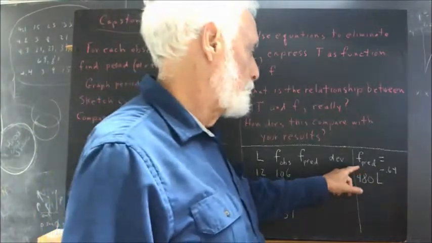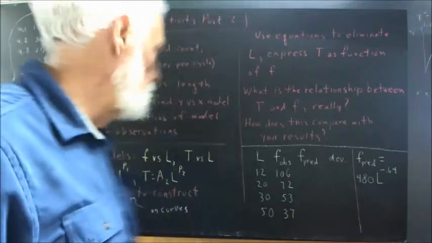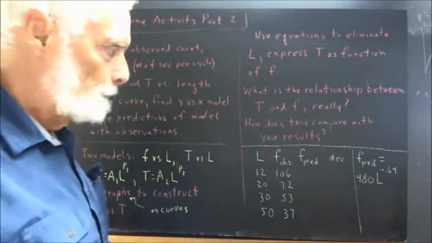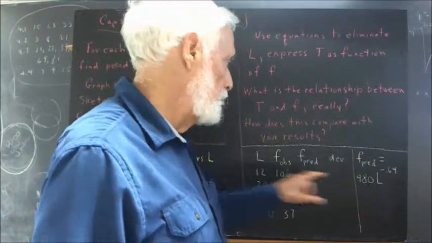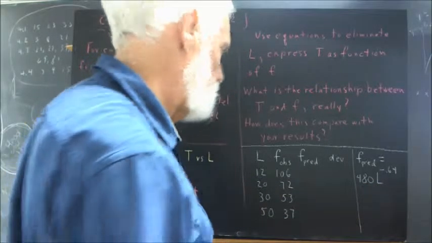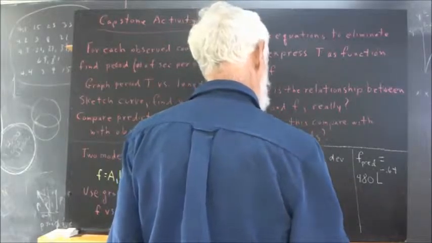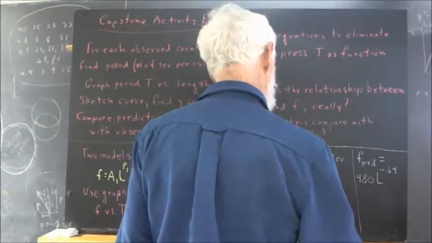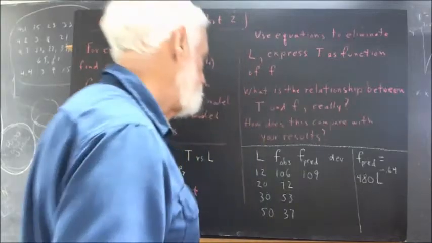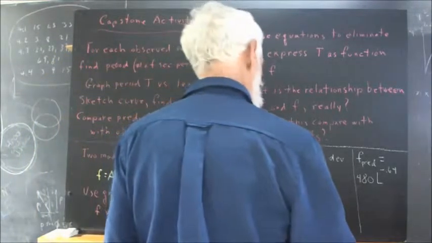Well, to get the predicted values, you plug your length into the model and see what your predicted frequencies are. So we plug 12 into this model, and I think we get something like 109. And we plug 20 into the model, and I think that came out like 73.